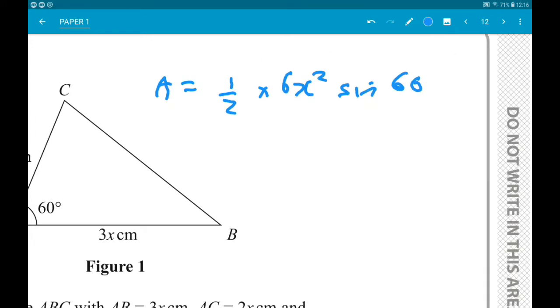So that's going to give us 3x squared times root 3 over 2. Now, we also know the area is 18 root 3.